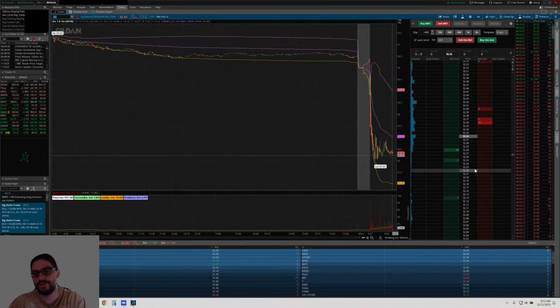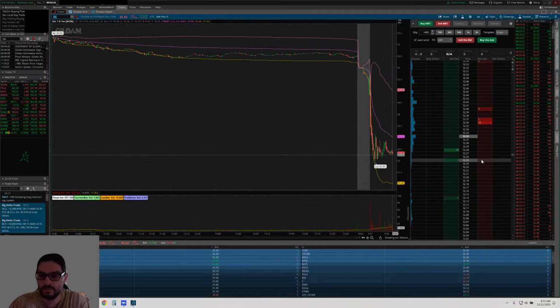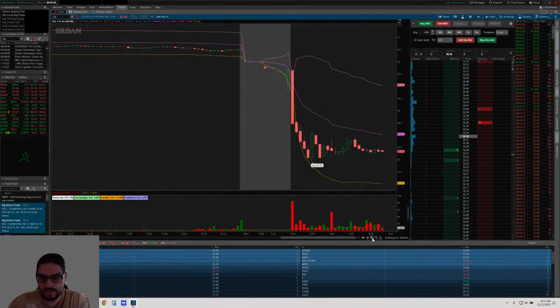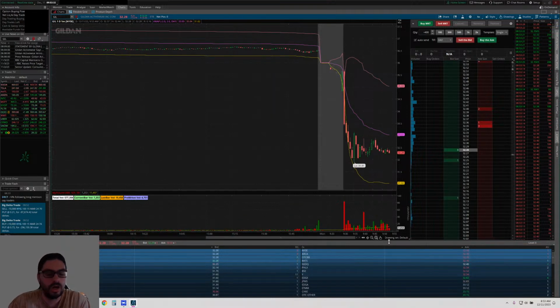We can short this, but the volume seems to be a little on the light side. And with SPY and QQQ still going up, it's just very questionable.